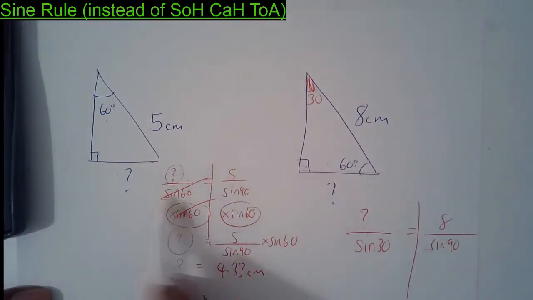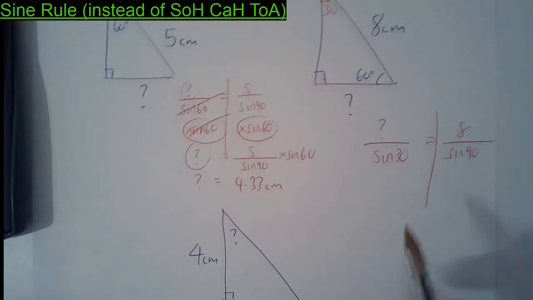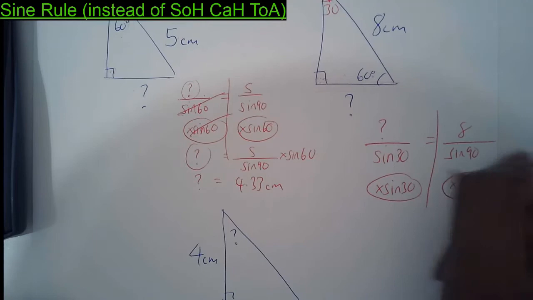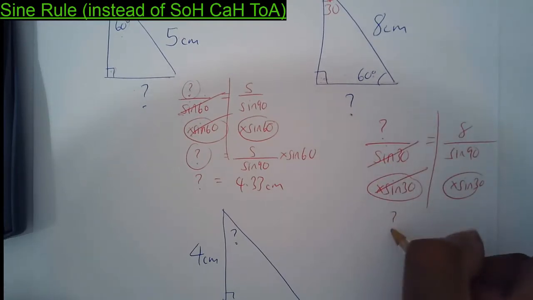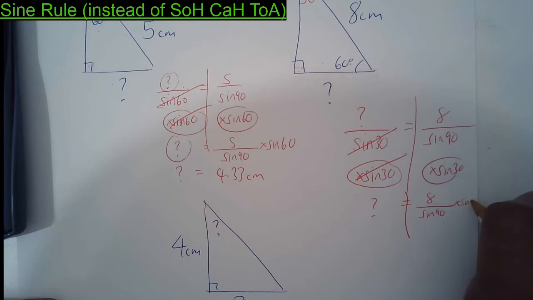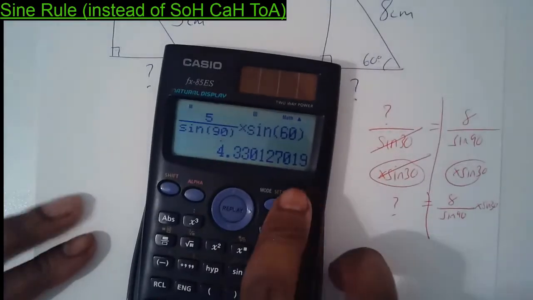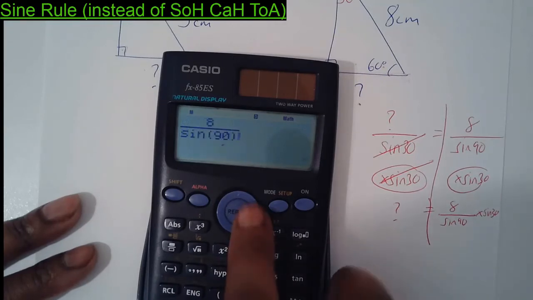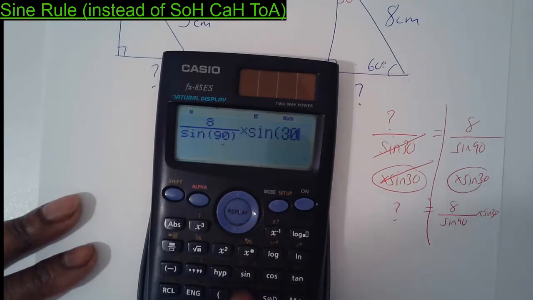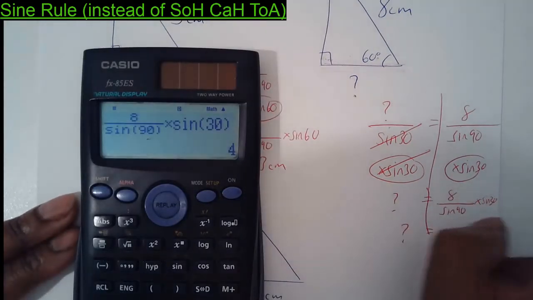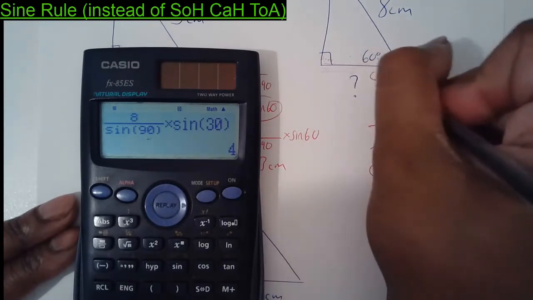Now this becomes the same as this, same kind of working out. Missing side is 4 centimeters.